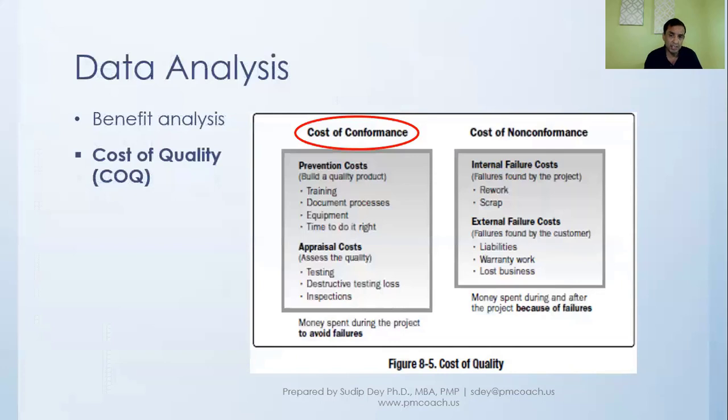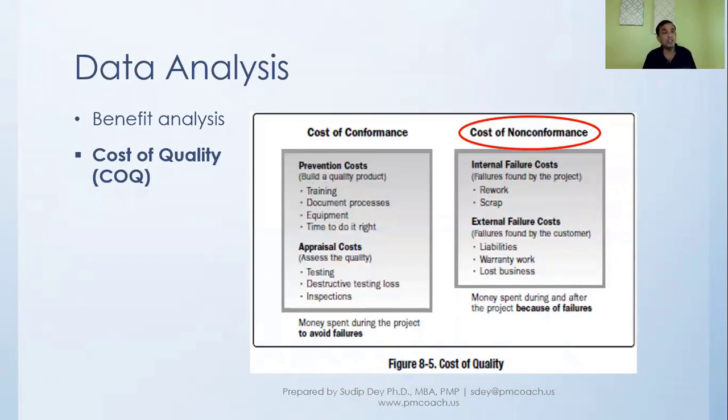The other side is cost of non-conformance. The cost of non-conformance is about what happens when we fail to deliver quality. There are two categories of that. One is internal failure cost. Internal failure cost is when the product has not gone off the shore. We have not handed it over to our client.